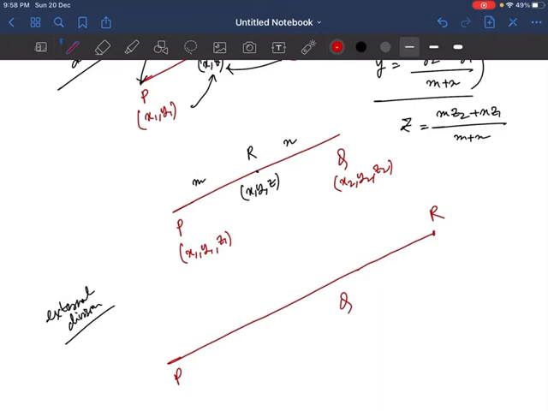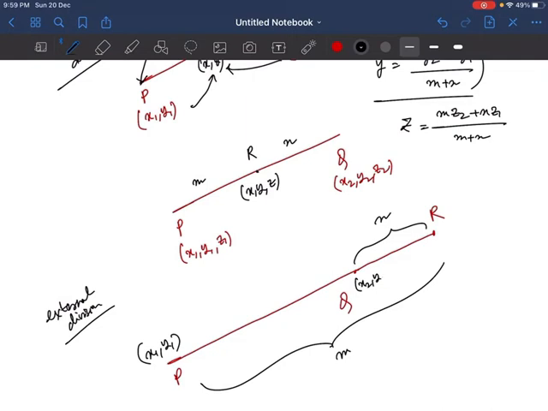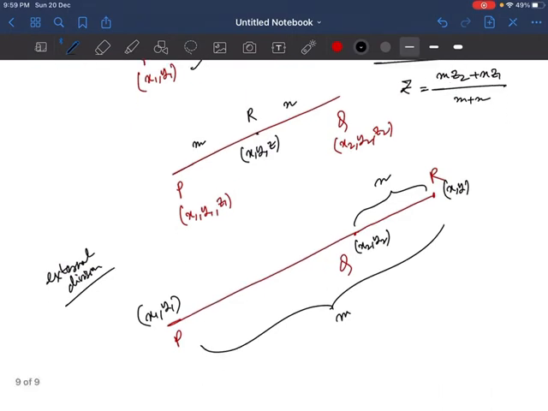Basically here you see how the ratio occurs. This PR is m and this QR is n. Suppose I write here x1 comma y1 and this point as x2 comma y2. So this R is basically x comma y. How to find the coordinates of x comma y?